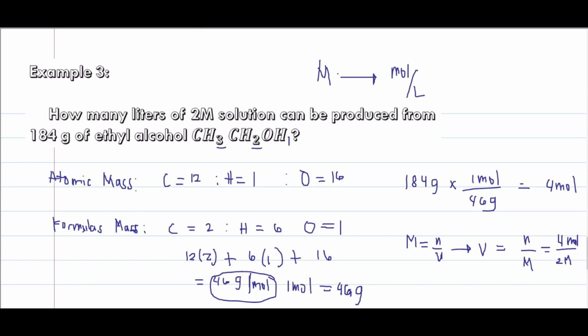The unit of molar is mole per liter, so we can cancel the mole to obtain the volume, which is in liters. Therefore, we have 2 liters. That is the final answer.